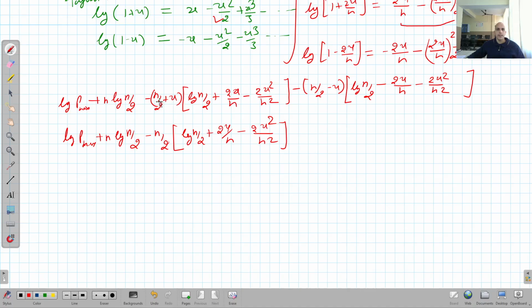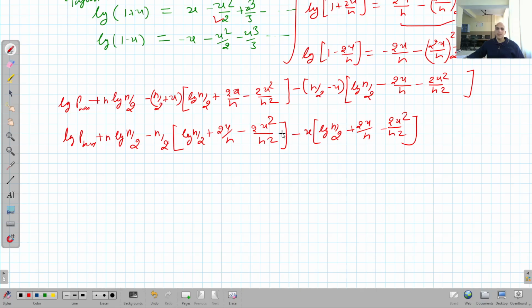We are now multiplying these two factors to this, minus x into log of n/2 plus 2x upon n minus 2x square upon n square.